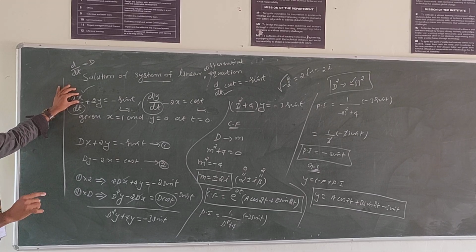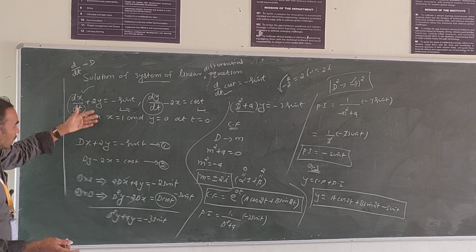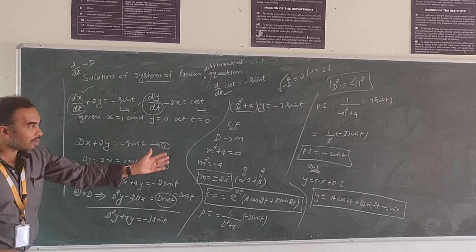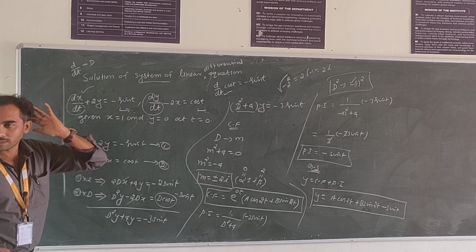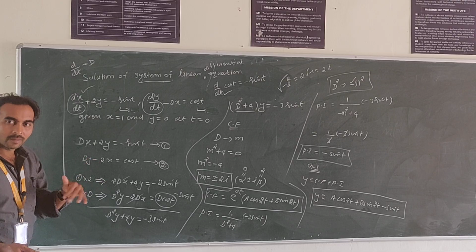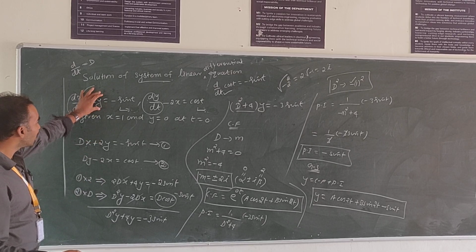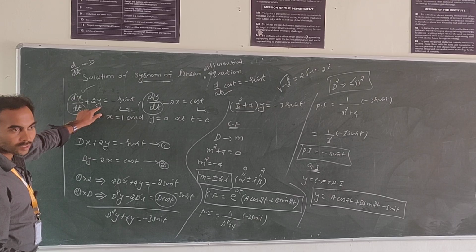Another way is to eliminate one of the variables and follow this method. There are two types available. According to you, whichever is easiest, you can follow. I followed one method, that is substituting the y value here.